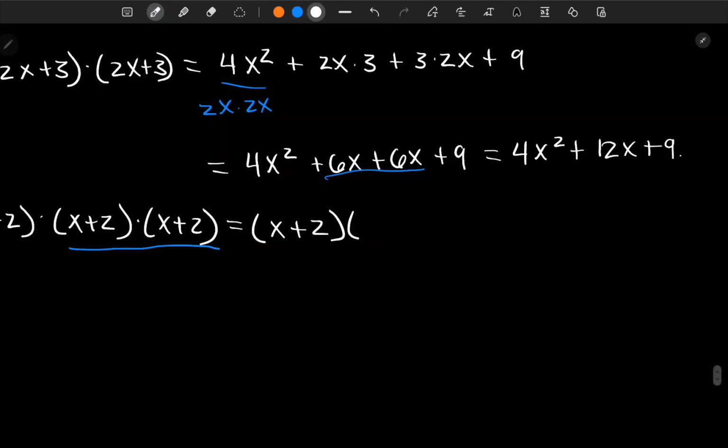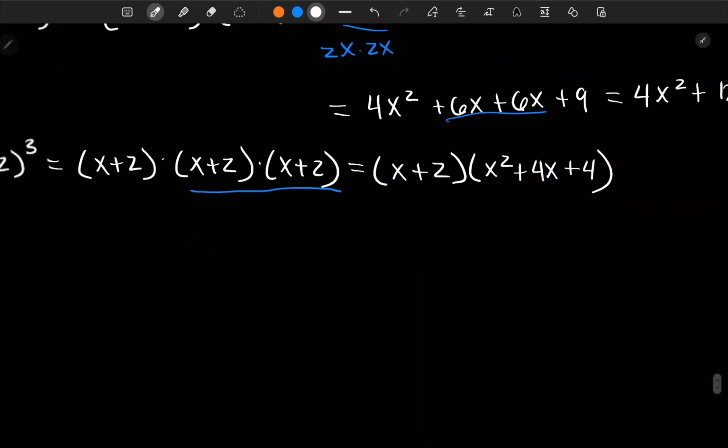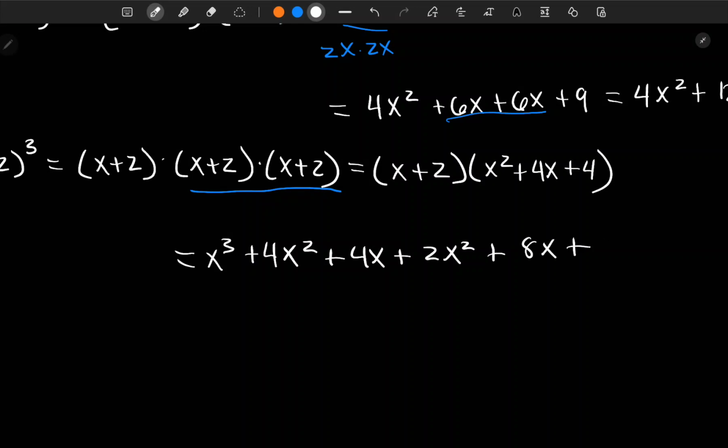Well, that would become x squared plus 4x plus 4. Then, expanding this out, we would get x cubed plus 4x squared plus 4x plus 2x squared plus 8x plus 8.